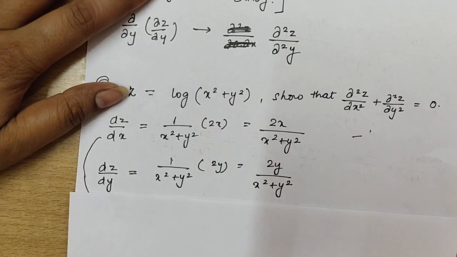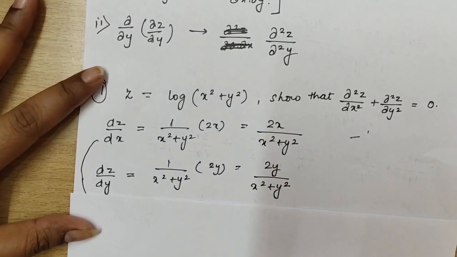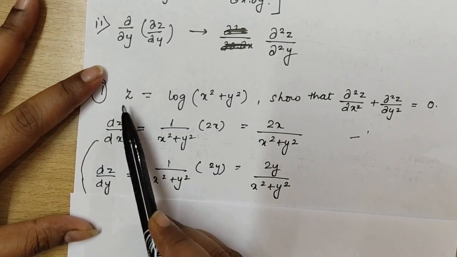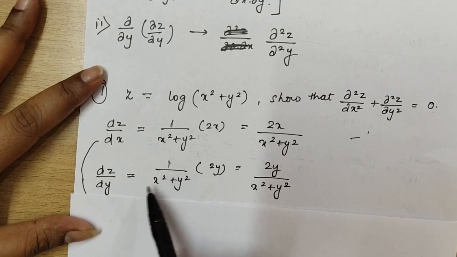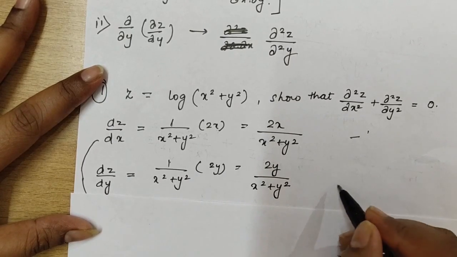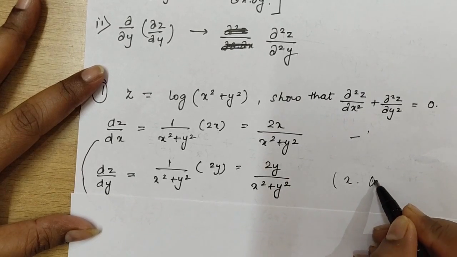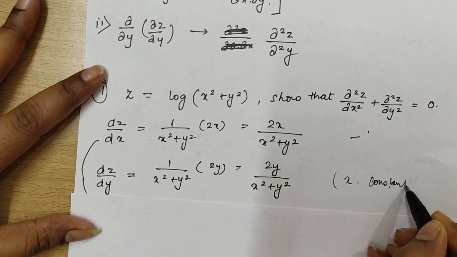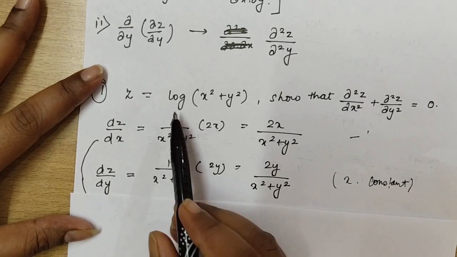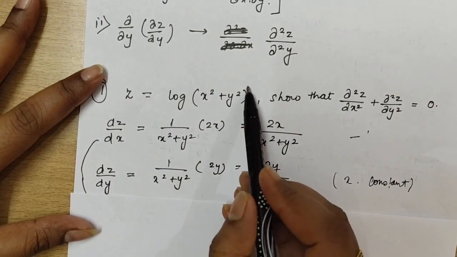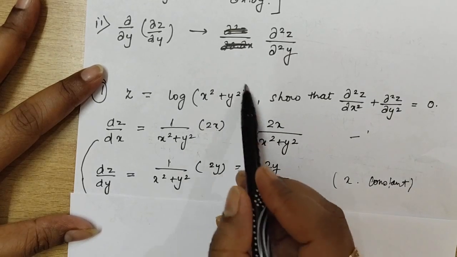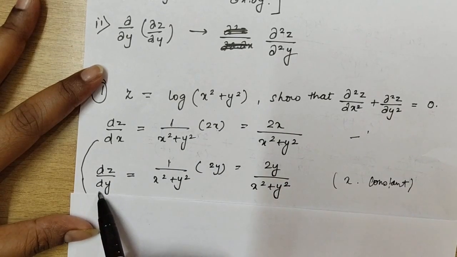Now, the other first order derivative, that will be delta z by delta y. Again, over here, x will be constant. This will be again 1 by x square plus y square, and we again differentiate what is inside the bracket, differentiating with respect to y.